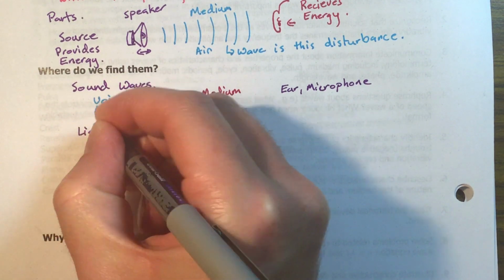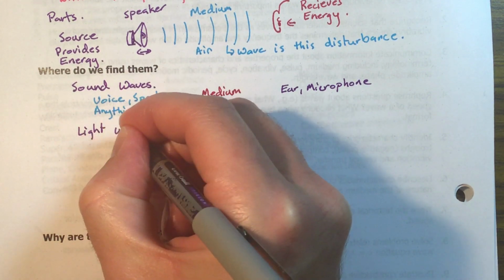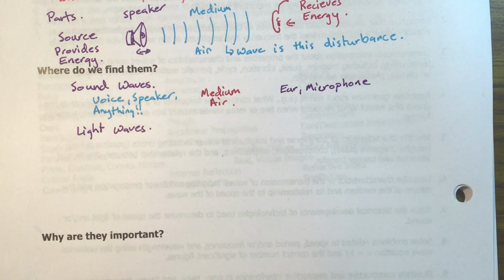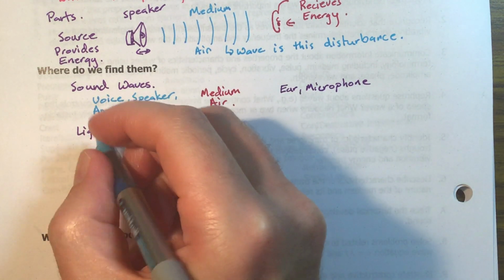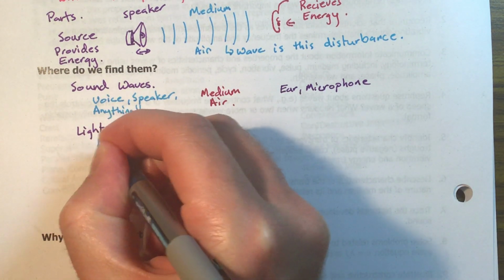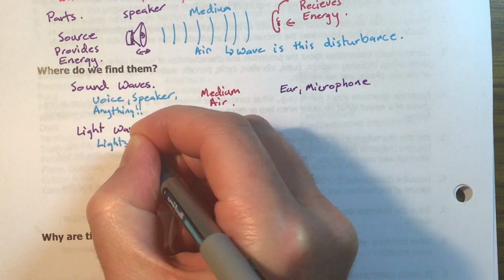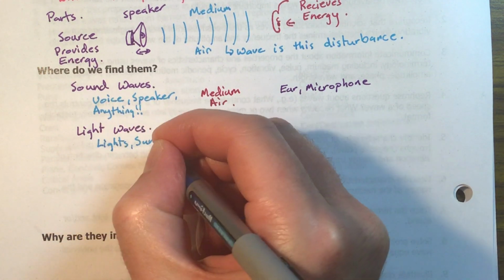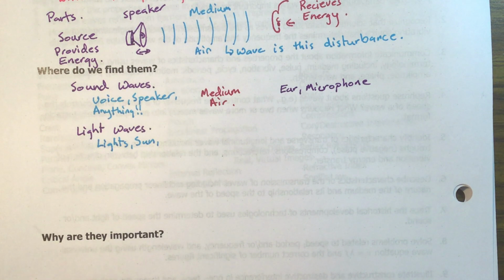Light waves. Well, where do light waves come from? Well, lights, the sun, lots of places.